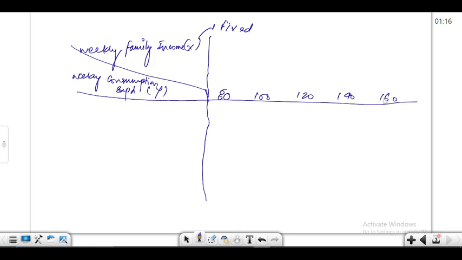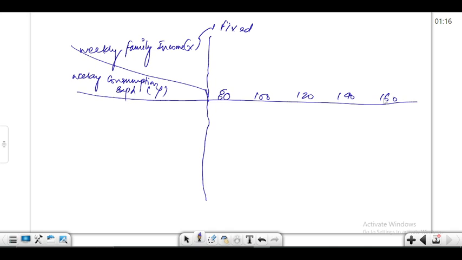So we have preconceived the values of x, and for these x we'll try to find the values of y. We have decided to look for families with income equal to $80 in a week, $100 in a week, $120 in a week, $140 and $160 in a week. Based on these values of x, we'll calculate the consumption corresponding to each x value.